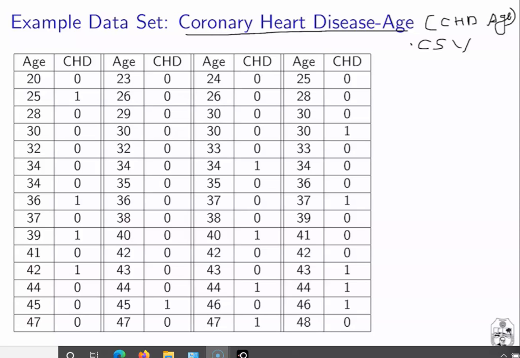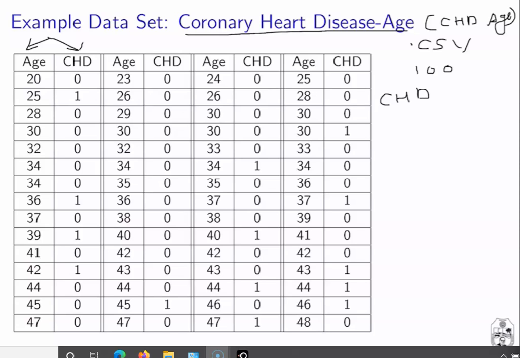In this particular data set, there are a total of 100 observations, and I have included these 100 observations on these two slides. On these slides I have included only two pieces of information, the age and the CHD. Here the CHD stands for coronary heart disease.